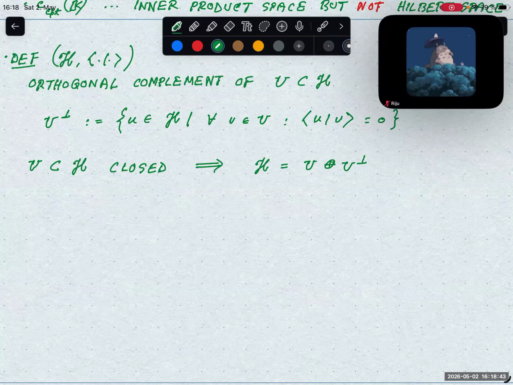Although I haven't discussed the direct sum of Hilbert spaces, okay, maybe I should discuss it because I have used it. So let me discuss it.